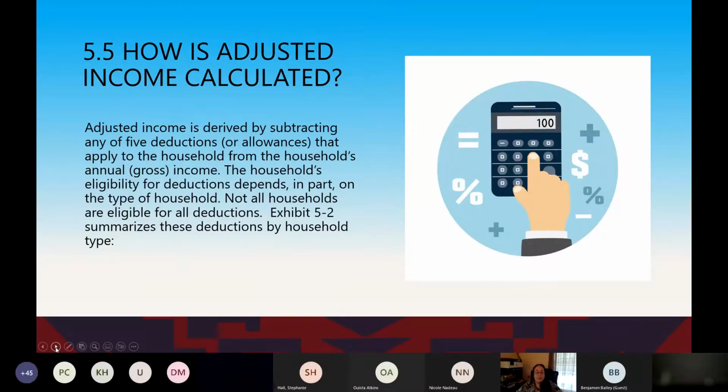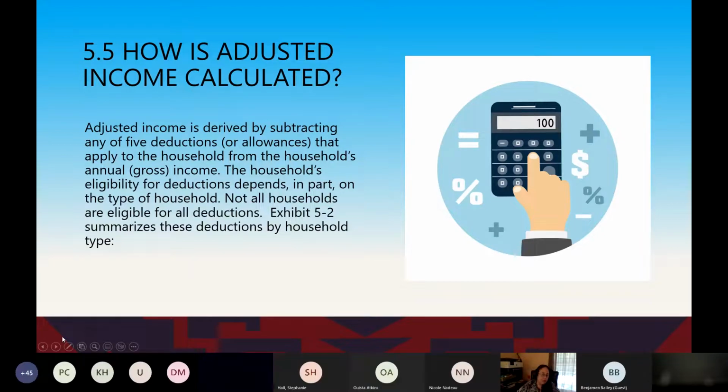So how is adjusted income calculated? Adjusted income is derived by subtracting any of those 5 deductions or allowances that apply to the household from the household's gross income. The household's eligibility for deductions depends in part on what type of household it is. Not all households are eligible for all the deductions.